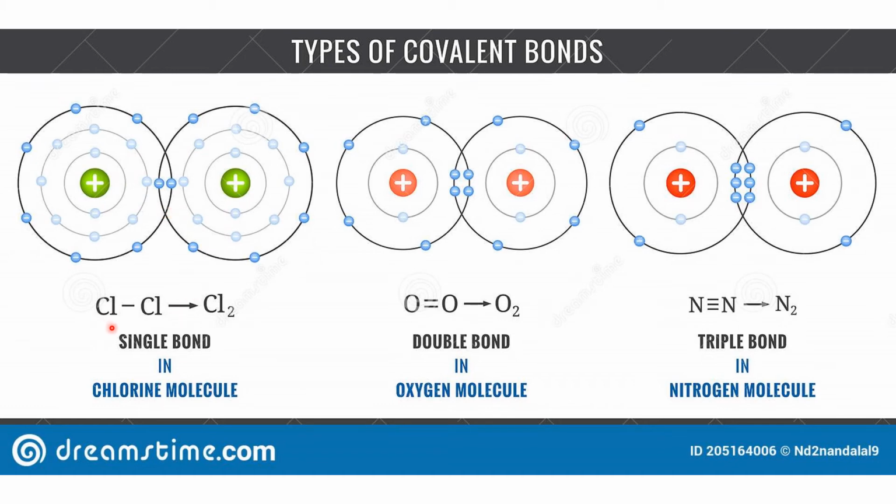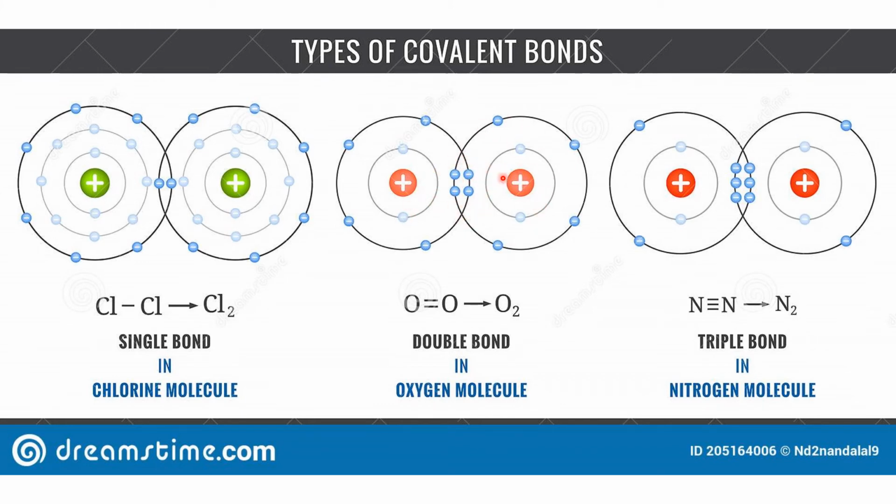So an example here is a chlorine molecule. 2 chlorine atoms are sharing these 2 electrons, and this is a single bond. For a double bond, they will be sharing 4 electrons. So this is an oxygen molecule, 2 oxygens together.